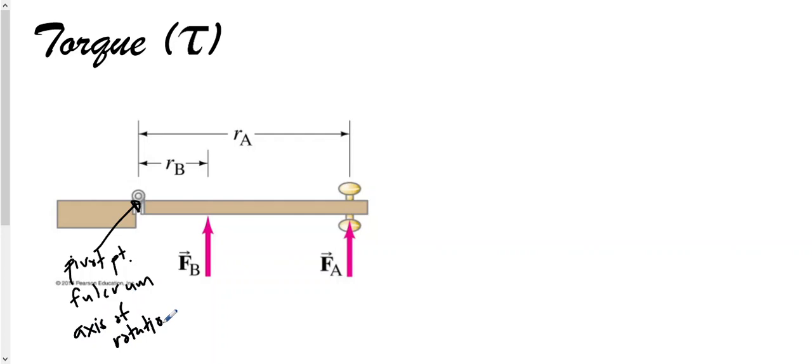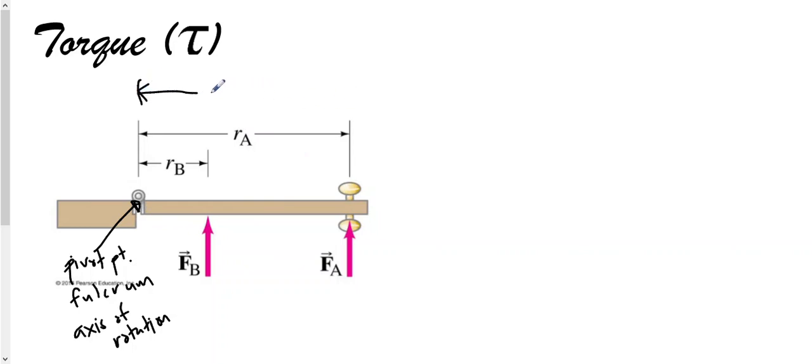So in this case, it is situated at this reference frame, and then forces are applied. So you have force A and force B, which is perpendicular to the length of this system.